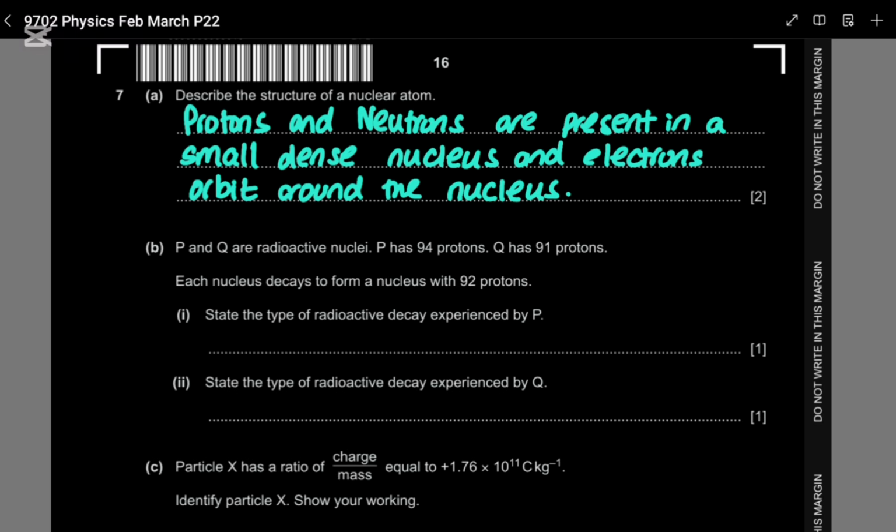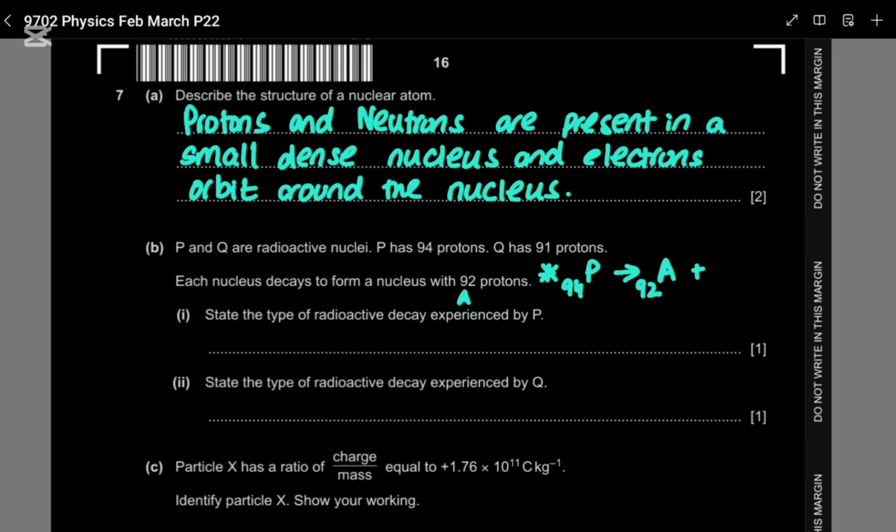So they're basically just asking the type of radioactive decay experienced by P and Q. Let's talk about P. P has 94 protons, and it forms, let's name this A, with 92 protons, plus some particle, we don't know that.